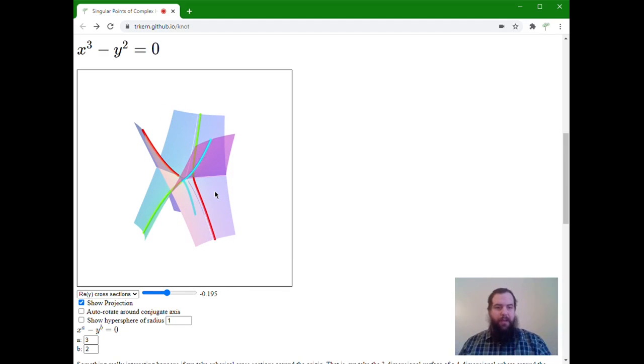It gives us a little bit more insight and practice working with visualizing these complex graphs, graphs in two complex dimensions. But I think there's an even better way of getting an intuition for what this graph looks like.